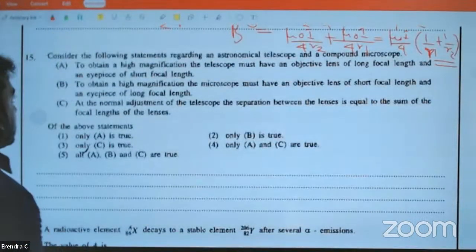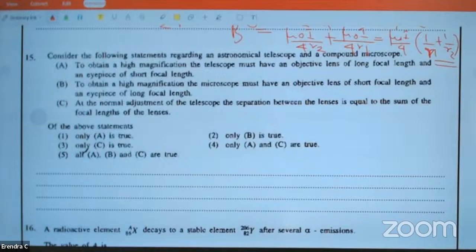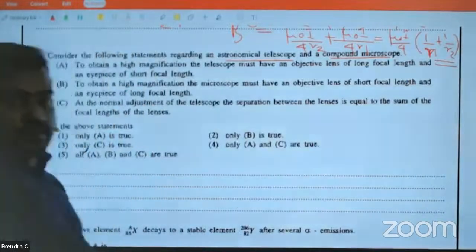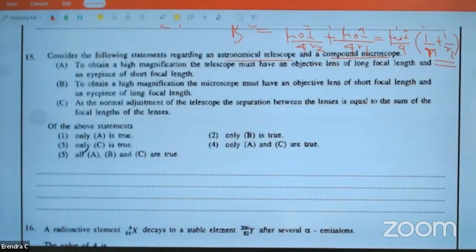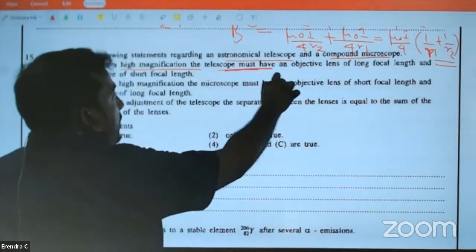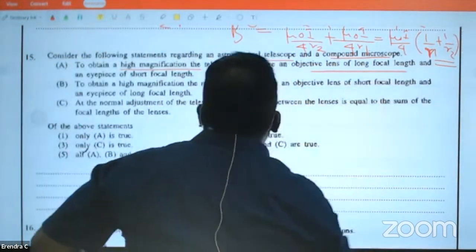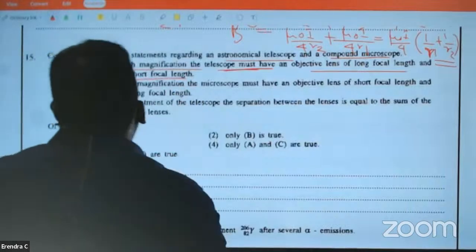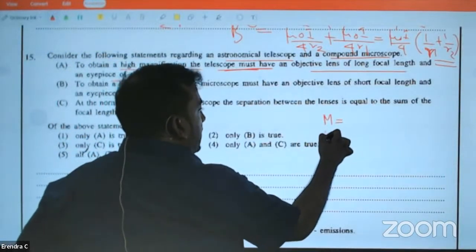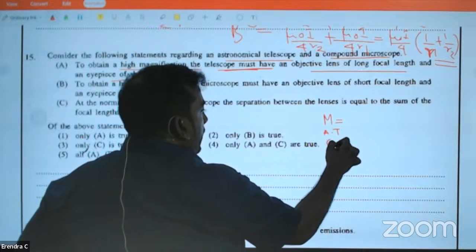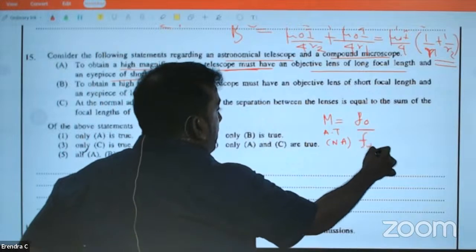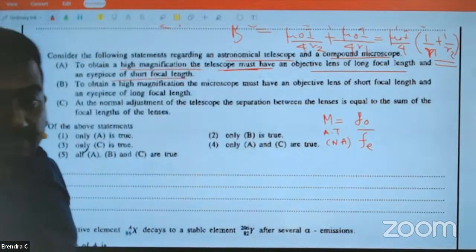Nice question. Optics. Consider the following statements regarding astronomical telescope and compound microscope. To obtain higher magnifications, the telescope must have objective lens of long focal length and eyepiece of short focal length. Angular magnification for the astronomical telescope, normal adjustment, F0 divided by Fe. By now, you should remember these.